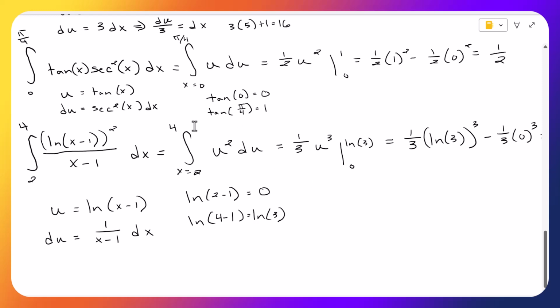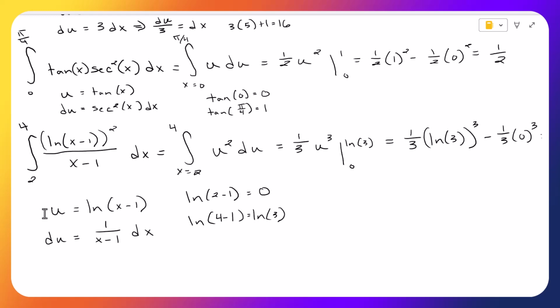And so here, this one was a little tricky to see which one we're trying to use sub on, but I know the derivative of natural log is 1 over its argument, and I have a 1 over x minus 1. So 1 over x minus 1 is the derivative of natural log of x minus 1.